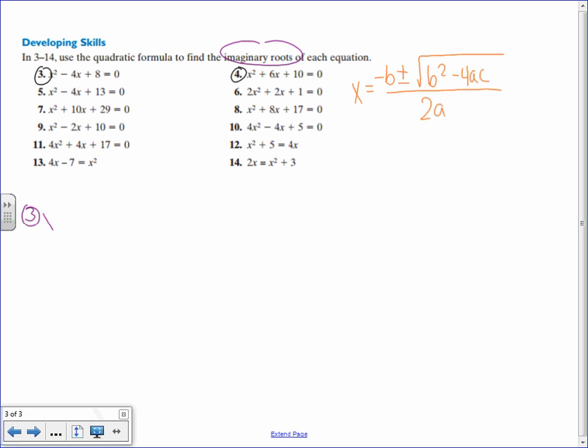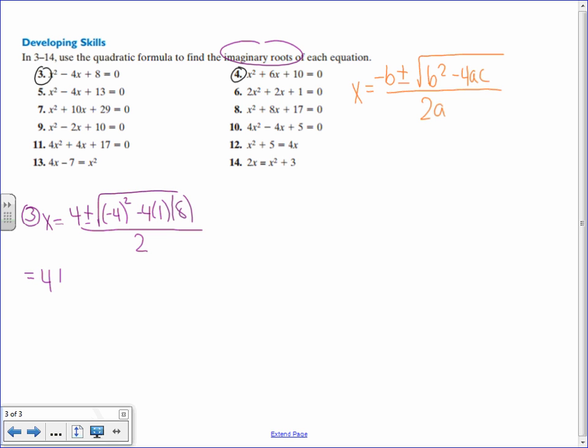So for number 3, x is going to be equal to negative b, so that's positive 4, plus or minus the square root of b squared. Notice I put the negative 4 in parentheses. B squared minus 4ac all over 2a, and a is 1.